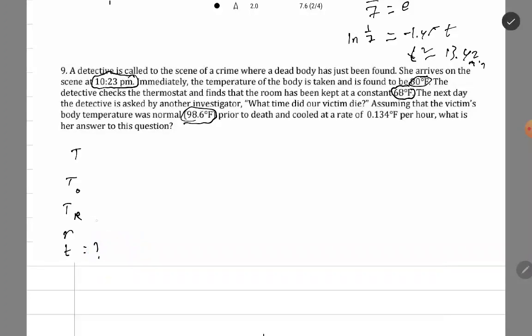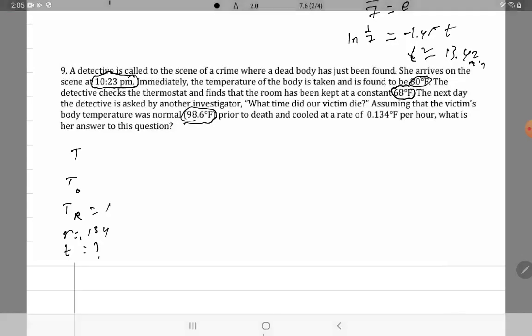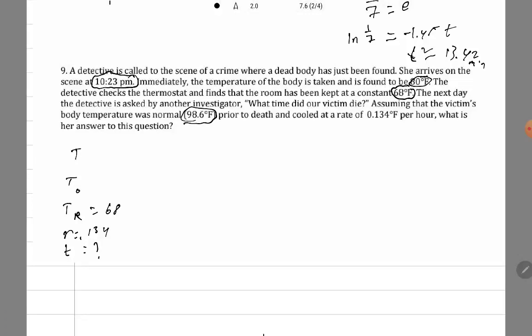What time did he die? The rate is 0.134. Temperature of the room, 68 degrees. 98.6 initially before death, at the time of death. And then it got a little bit colder, 80 degrees.